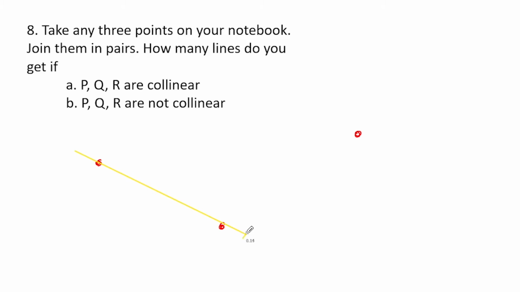It only passes through 2 points at a time, right? Let's try to do it again. So let's draw the points again. 1 point over here, 1 point over here, and another point over here. Let's try to join.